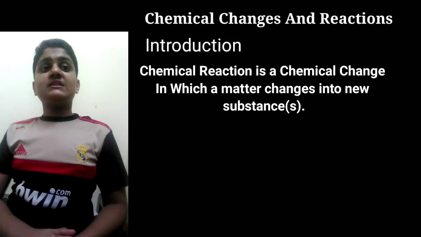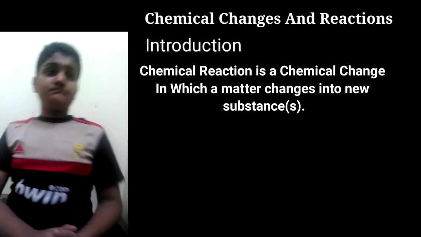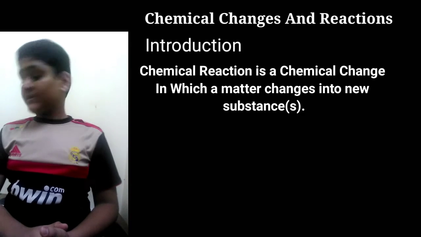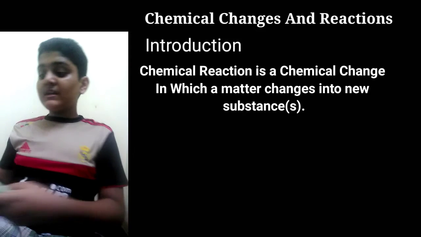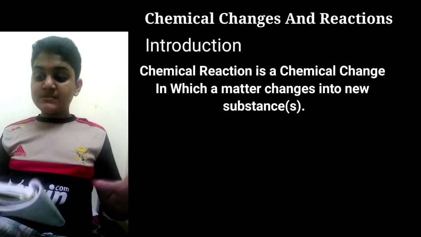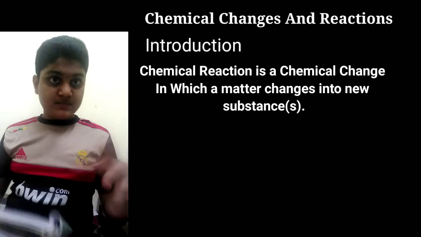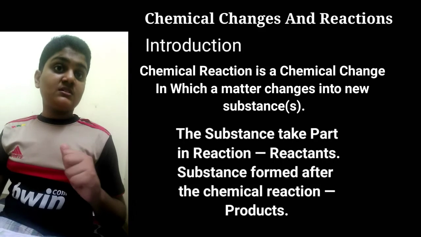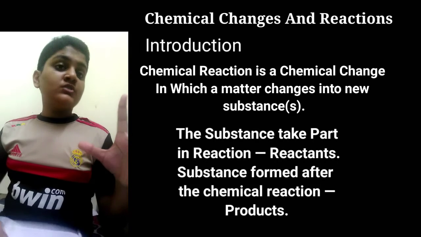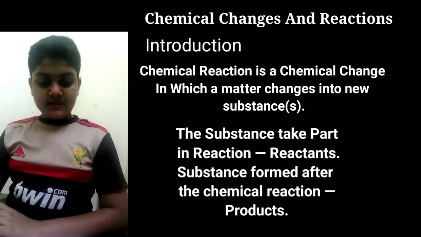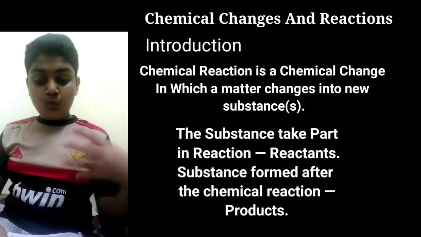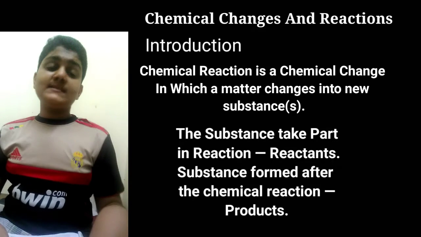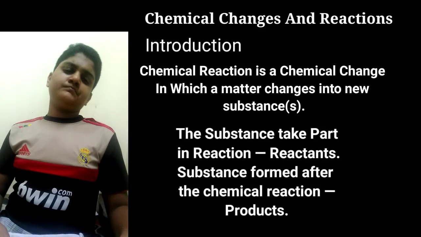You cannot completely say, because some are irreversible. Okay, so in a chemical reaction, the substances which take part in it are called reactants, while the results that we get, transformed into one or more new substances, are called products.